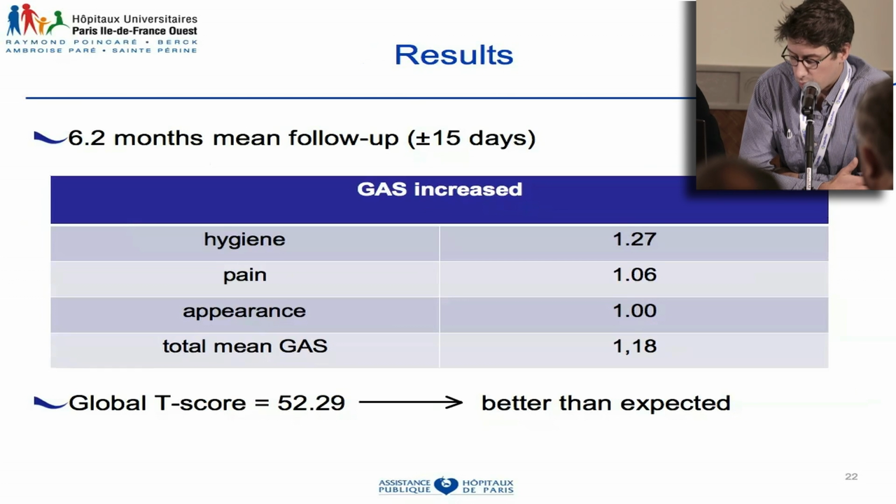The mean total goal attainment scaling score increased by 1.18. And taking into account the weight of each goal at 3 months post-operatively, the T-score reached 52, corresponding to a better than expected outcome according to the goal attainment scaling method of interpretation.